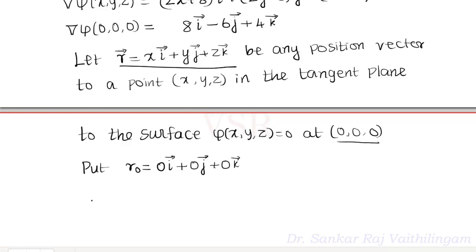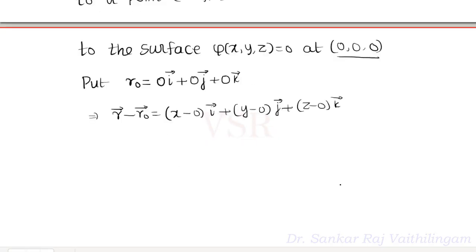So this implies that r vector minus r naught vector is equal to (x minus 0) i vector plus (y minus 0) j vector plus (z minus 0) k vector, which is equal to x i vector plus y j vector plus z k vector. Okay, so r minus r naught அப்படிங்கிறது என்னன்னு நமக்கு தெரிஞ்சிருச்சு.